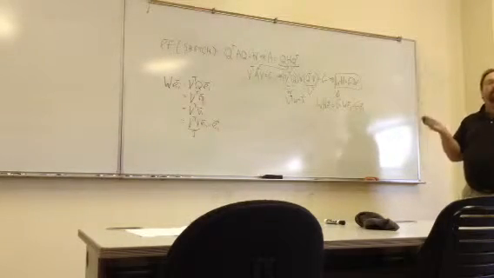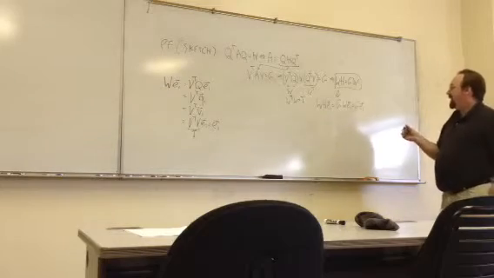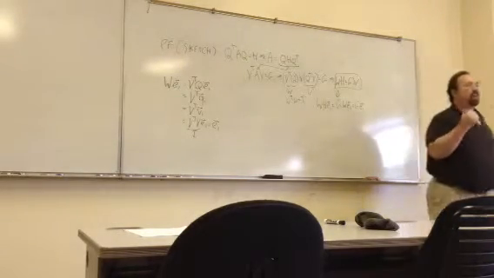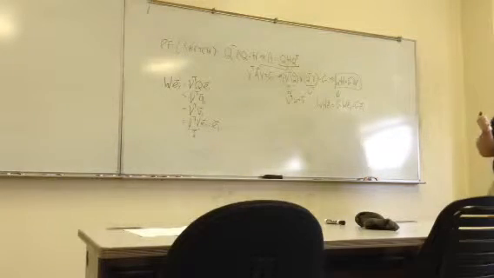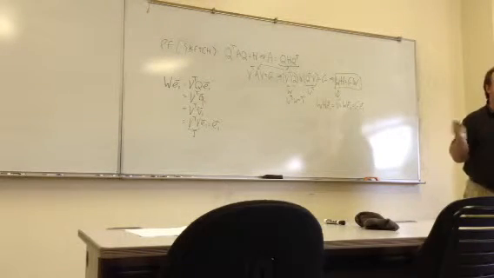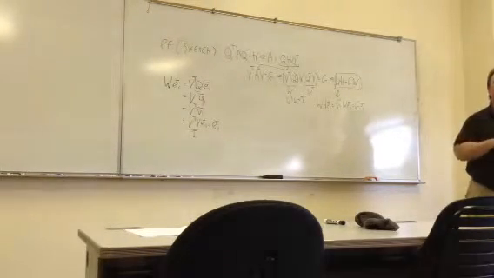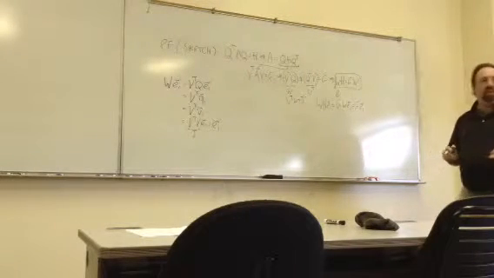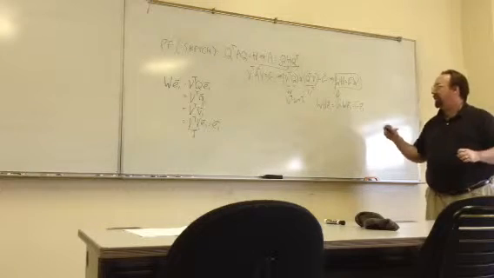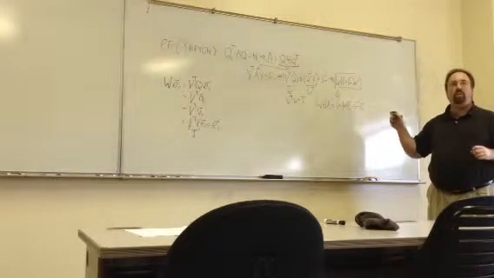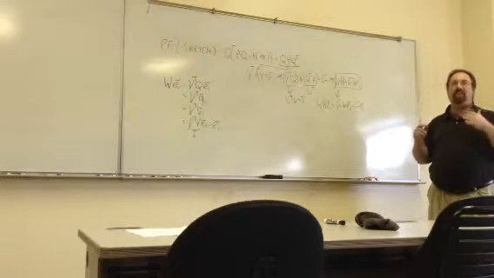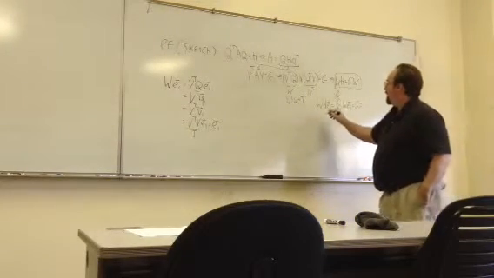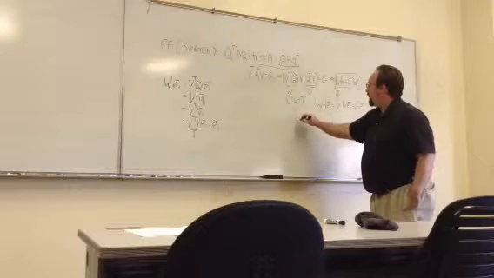Now, G and H are both upper Hessenberg. And I'm taking the first column of both. If I take the first column of a Hessenberg matrix, what do I know about that column as far as what's zero and non-zero? Only the first two rows can be non-zero. And actually, in the case of H, we know that the second entry has to be non-zero because it's unreduced. So what I have here, I'll write this way.